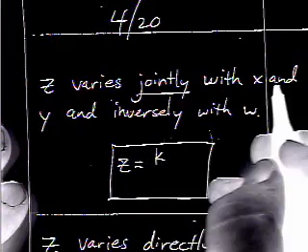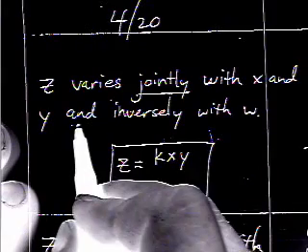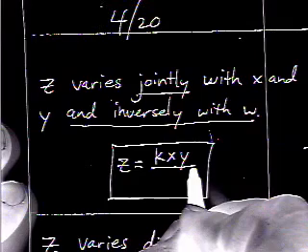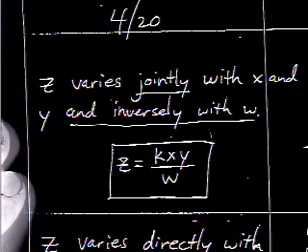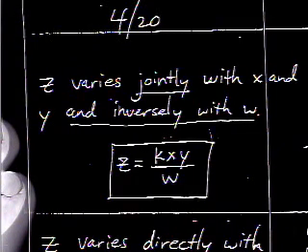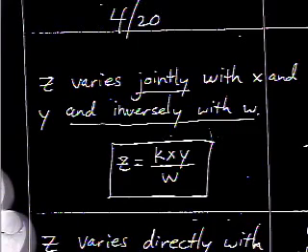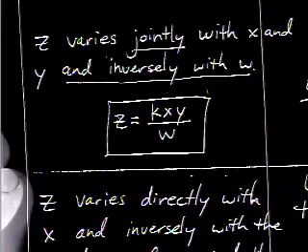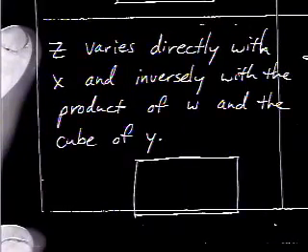Don't forget K. With X and Y. And then it says, and inversely with W. So that's going to mean that I need to divide by W. Also, we might have direct and inverse relationships all in the same problem. This is what we're calling combined variation. We're putting everything together.